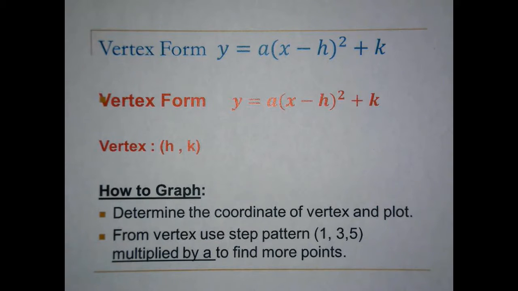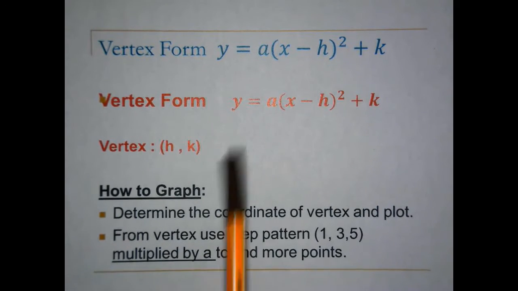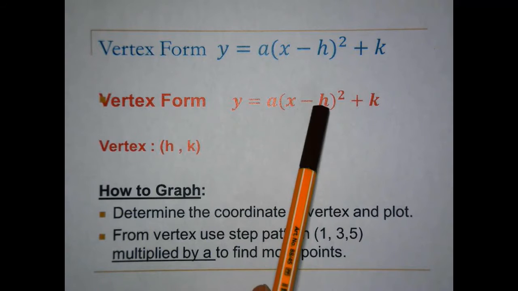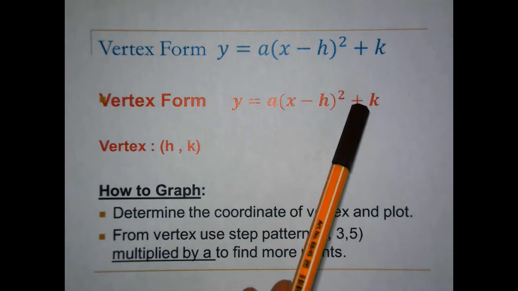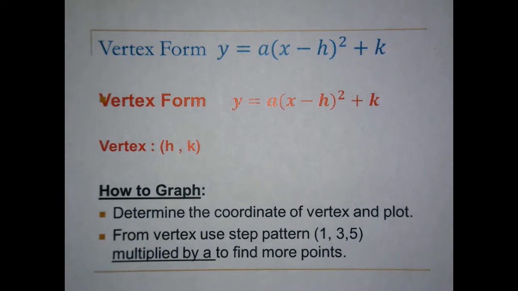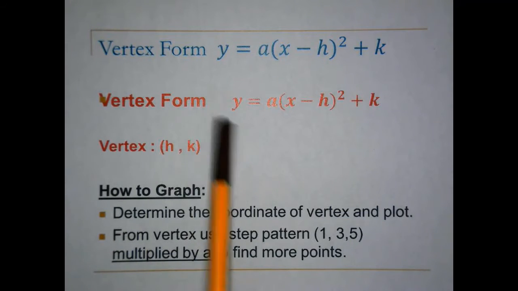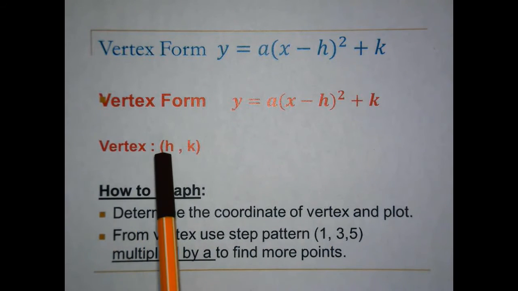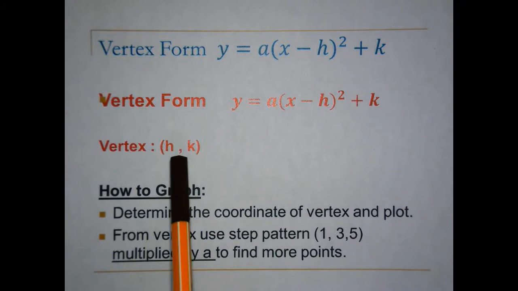Now, when we have y equals a(x minus h) squared plus k, the vertex of this parabola will be located at h and k.